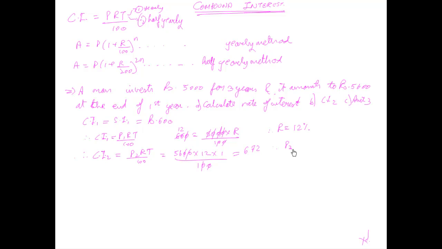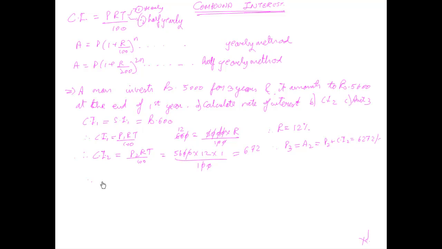So principal for third year or amount for second year comes out to be 5,600 plus 672. That's principal 2 plus CI2, which comes out to be 6,272 rupees.